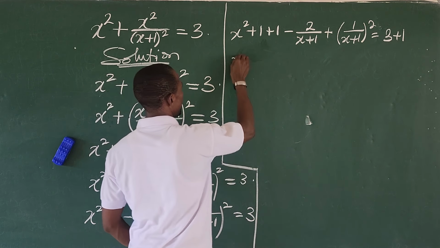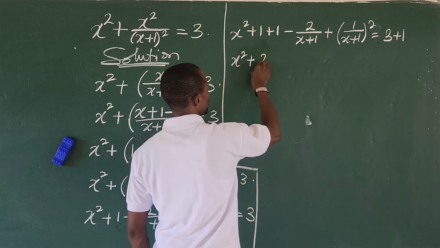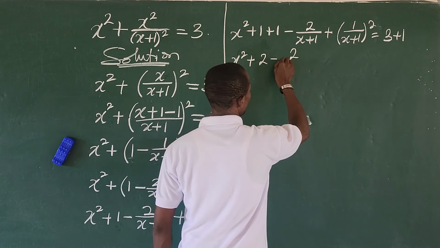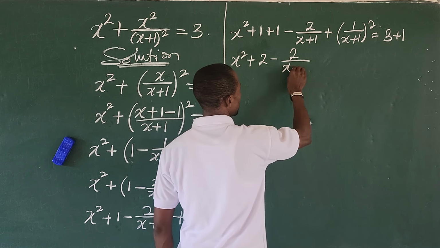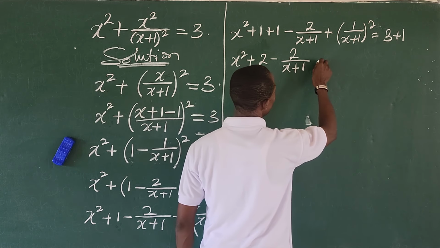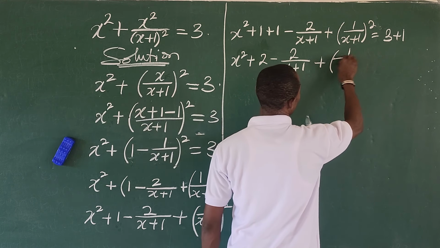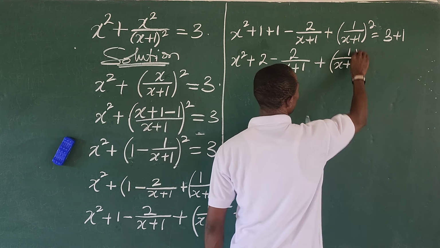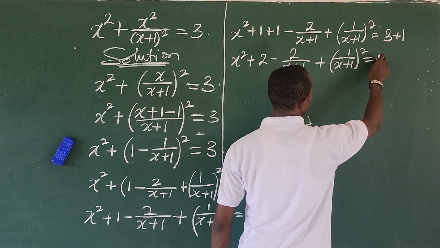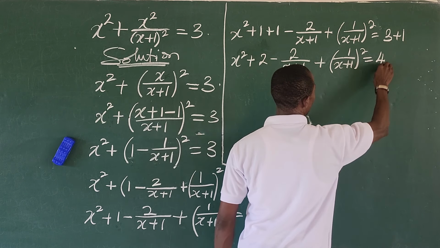So we now end up having x to the power of 2 plus 2, then minus 2 all over x plus 1, then plus bracket 1 all over x plus 1 all to the power of 2. This is equal to 4.